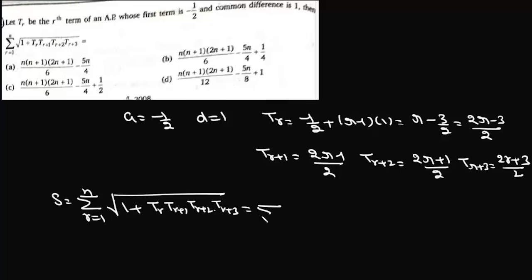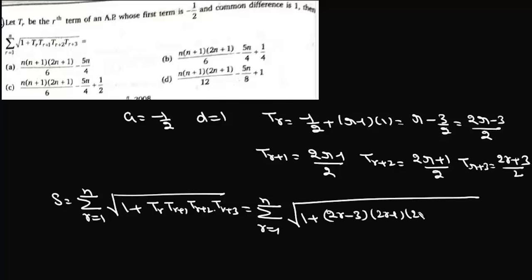Now it says we need to find this series, which is summation r varies from 1 to n under root of 1 plus Tr plus 1, Tr plus 2, and Tr plus 3. That will be this summation r varies from 1 to n, and this is under root of 1 plus 2r minus 3 into 2r minus 1, 2r plus 1, 2r plus 3 upon 16.